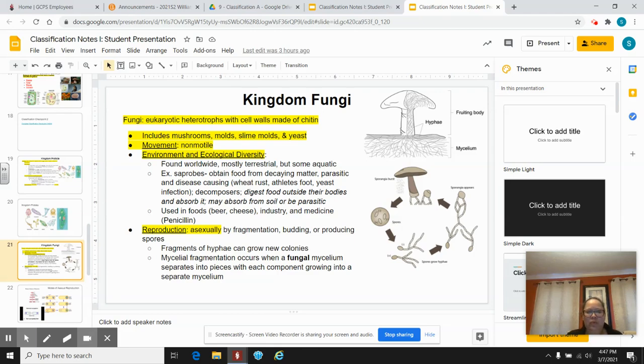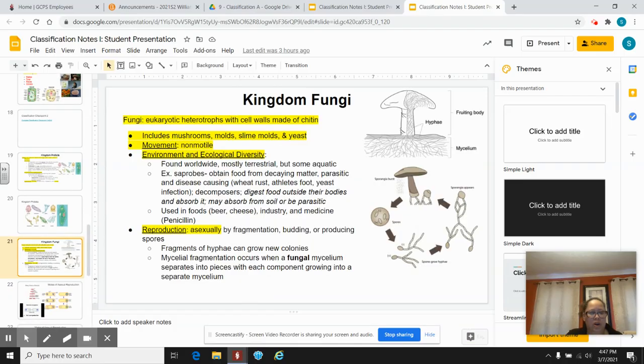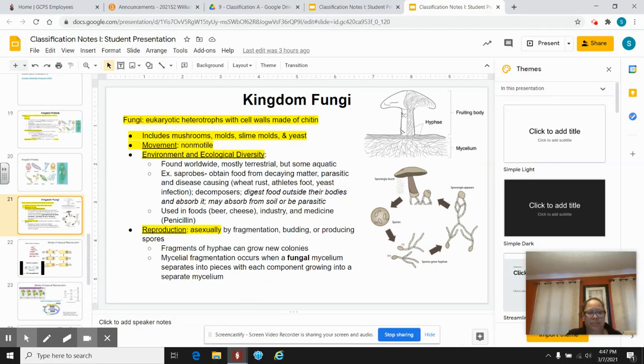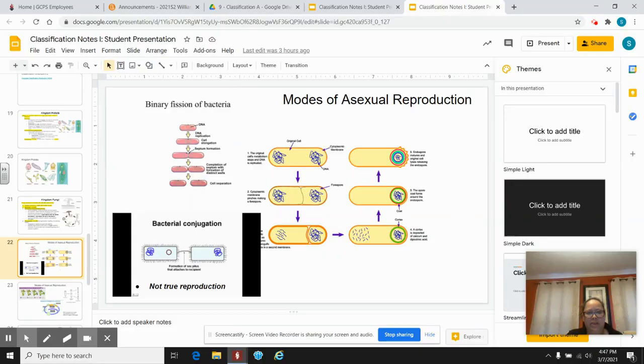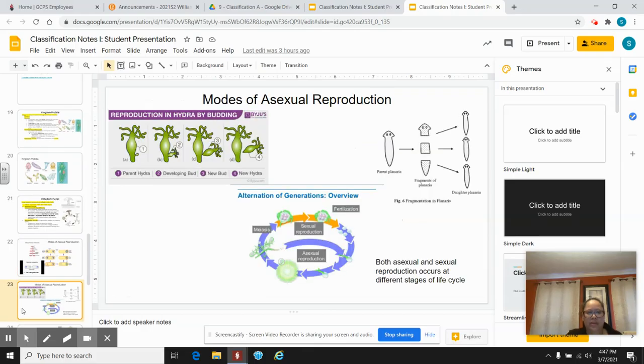They obtain food by absorbing it or taking it from decaying matter. So they are great recyclers. Different ways of asexual reproduction. Some more ways of asexual reproduction.